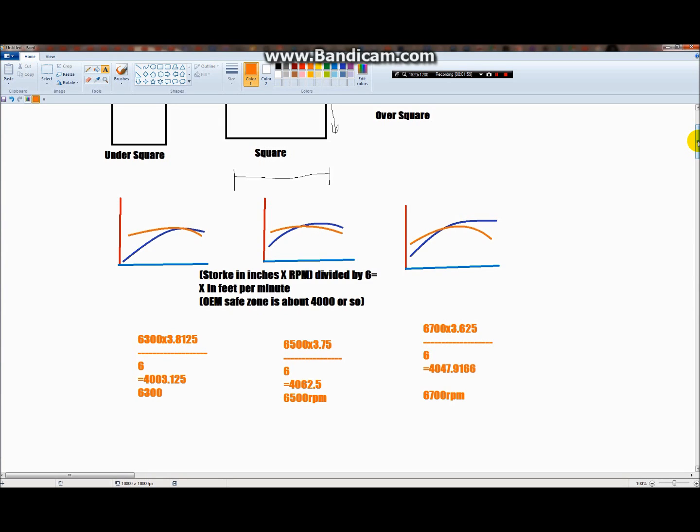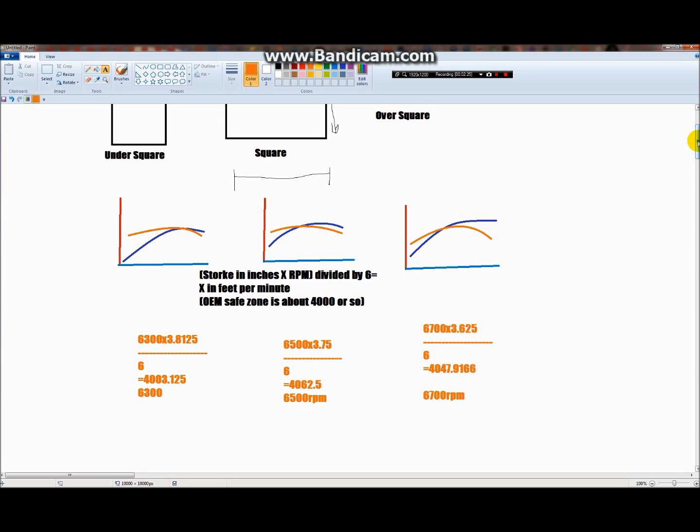If you're at 4,100 on the nose, then you should probably go maybe 100 RPM lower, or maybe 50 RPM lower, just to err on the safe side. But if you can keep it under 4,100, you're good. The closer you are to 4,000, the better off, though, I would recommend.